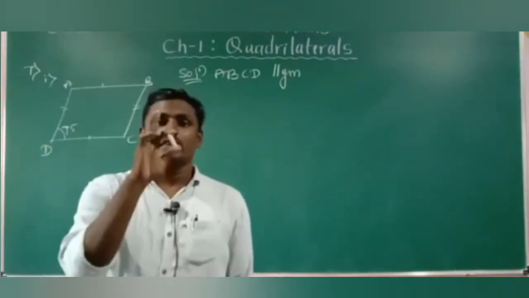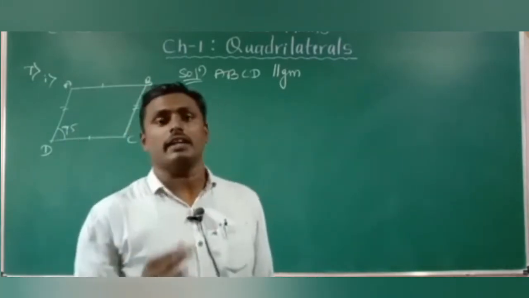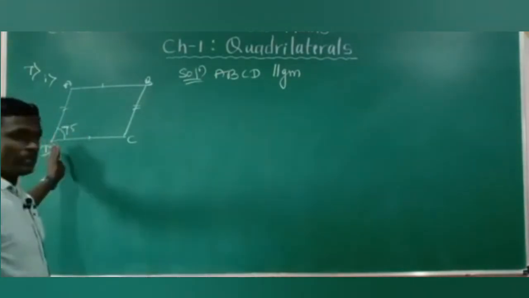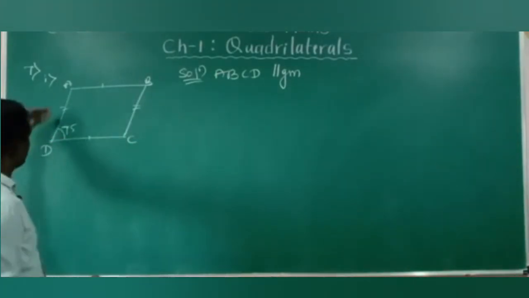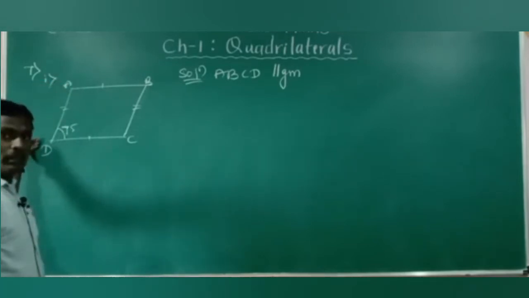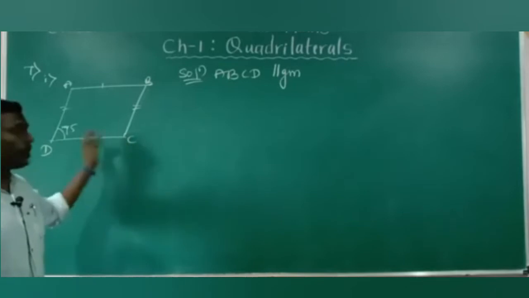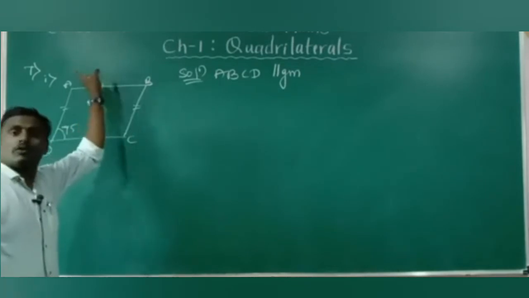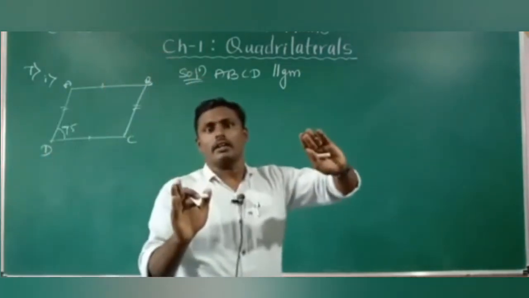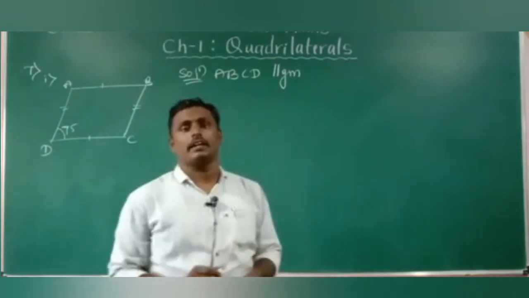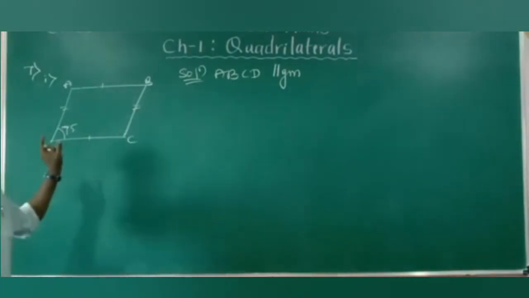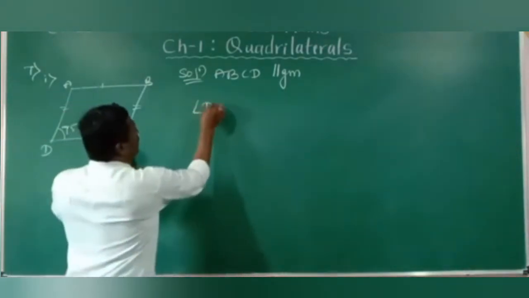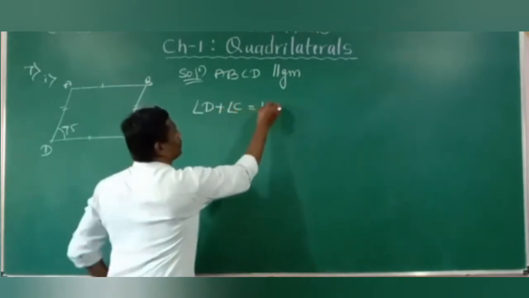It means the adjacent angles in the parallelogram are supplementary, right? You can take angle A and angle D, or angle D and angle C, because in every quadrilateral there are 4 pairs of adjacent angles. You need to consider any one pair. Angle D plus angle C is equal to 180 degree.